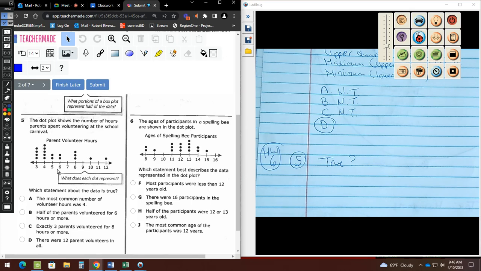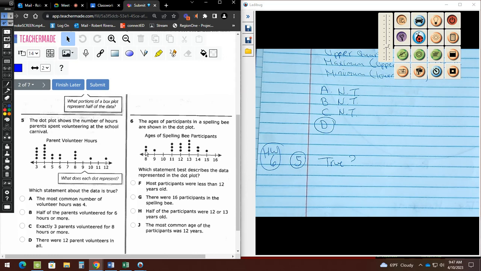Okay? So some kids get confused, like, how do I know what you're saying, sir? This is talking about, look what it says, the dot plot shows the number of hours. So this shows the hours. And the parents that spend volunteering, those are the dots. Look at yours for homework. The ages of participants spending being are shown in the dots plot. What do you think the bottom is?